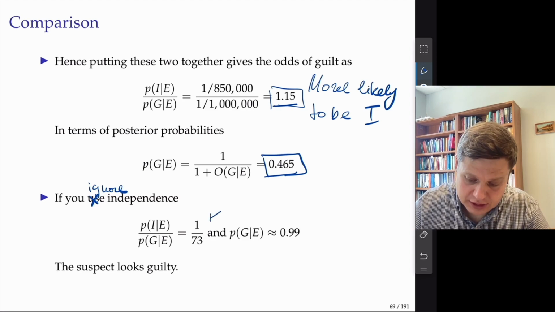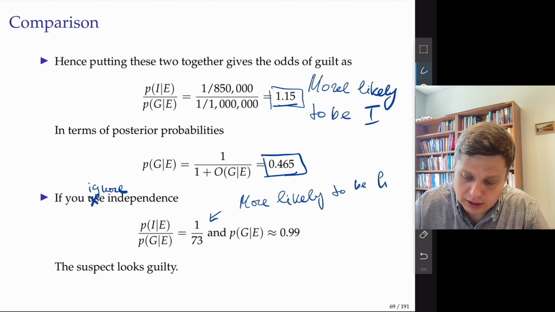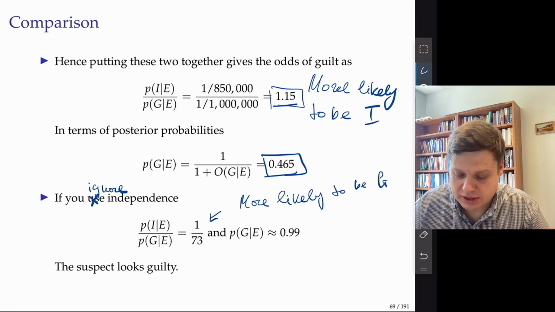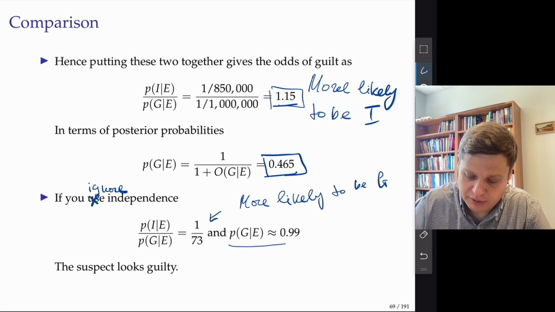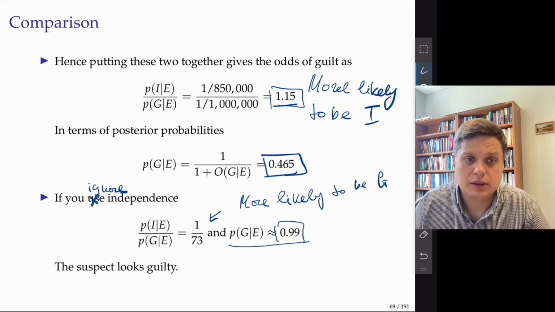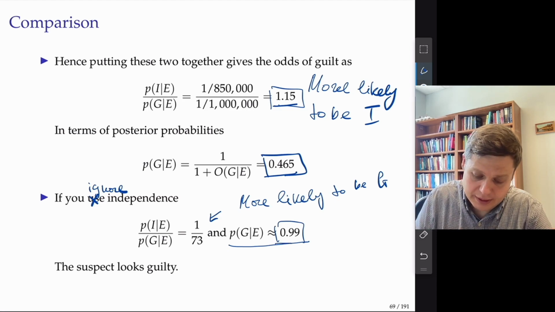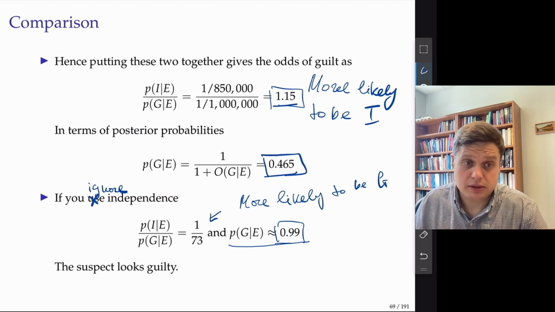Now in this case, she is more likely to be guilty, and it seems like the evidence is very strong, 1 in 73 chances. If you calculate this into a probability, then you have a probability of her being guilty at around 90%. So a very convincing number. In this case the suspect does look guilty, and actually the court did agree with these calculations, which were incorrect.